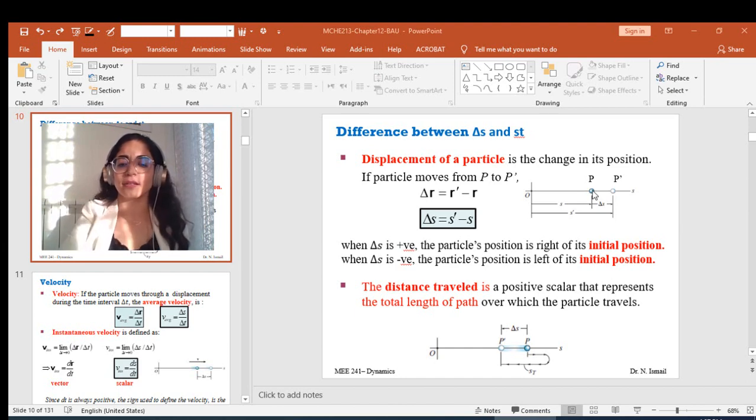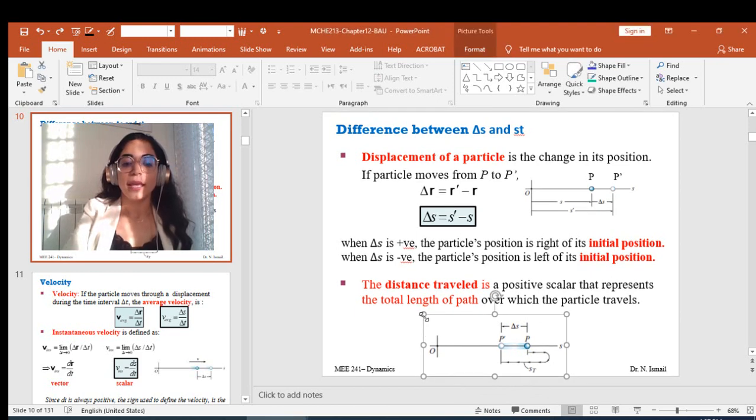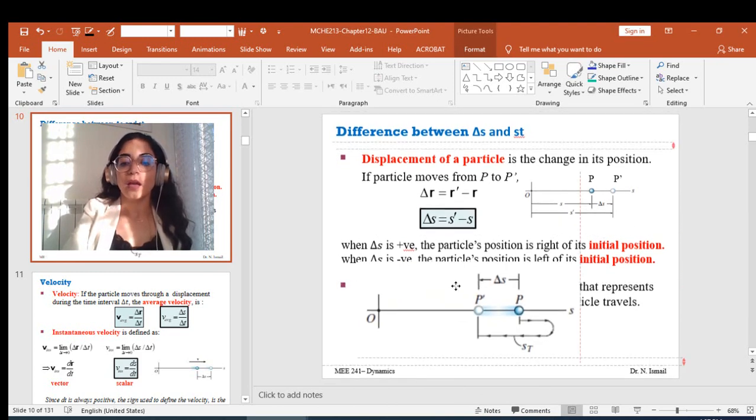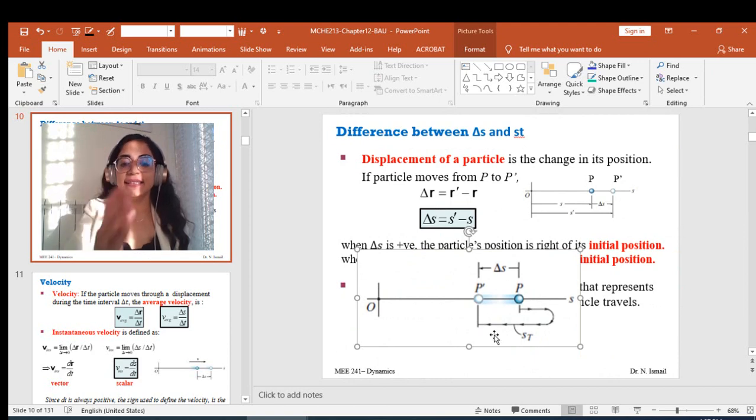For example, guys, let's take this example right here. In this example, at time t the particle is at a location P. Now at t prime, this particle arrives at P prime. What will be delta S?